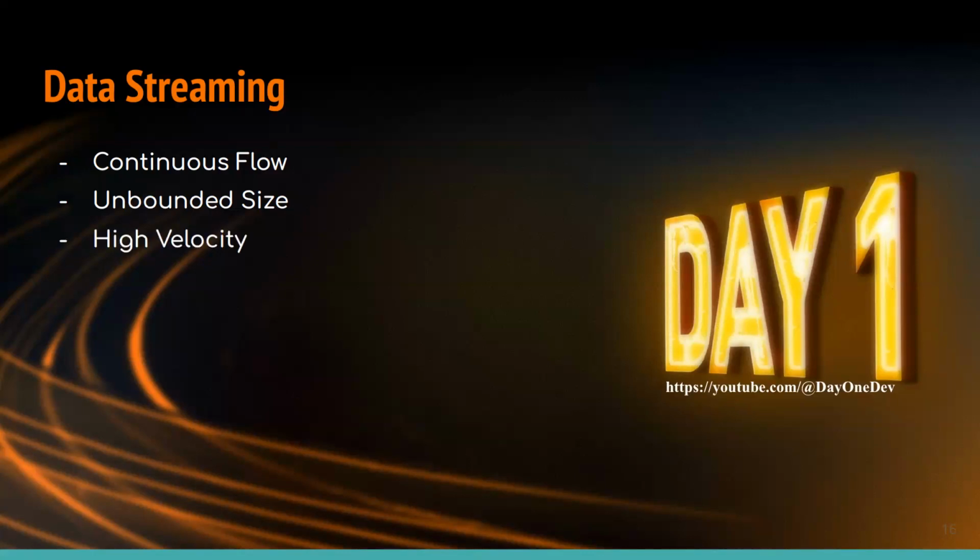And the third one is high velocity. Technically, this is where data streams are often generated at a higher rate and require efficient processing algorithms and infrastructure to keep up.